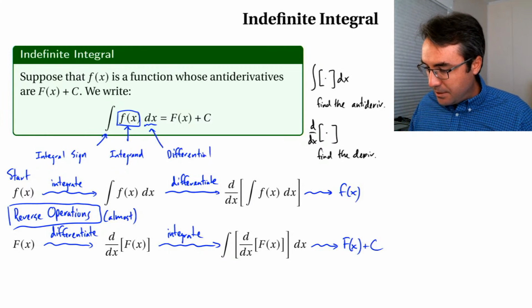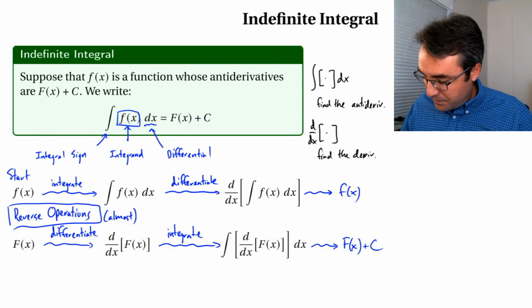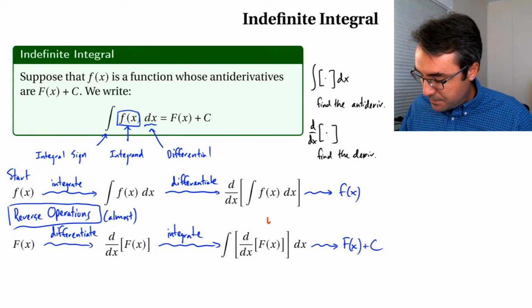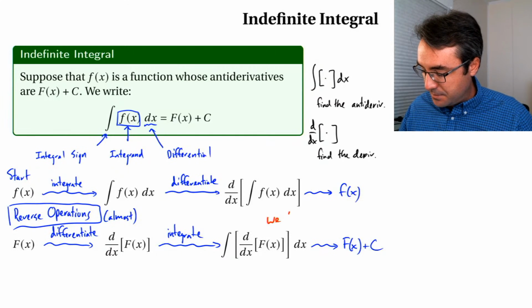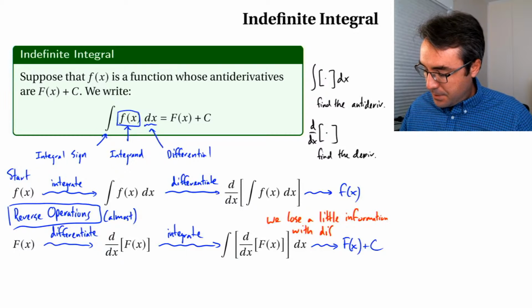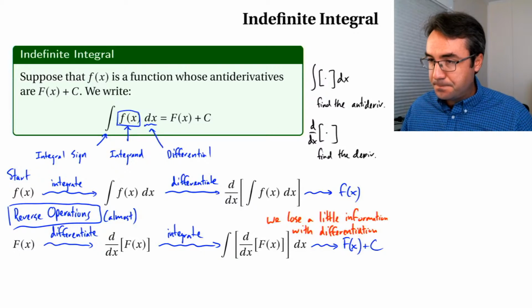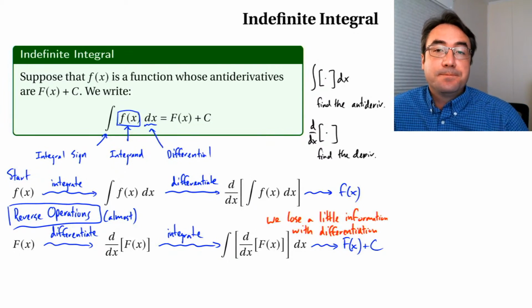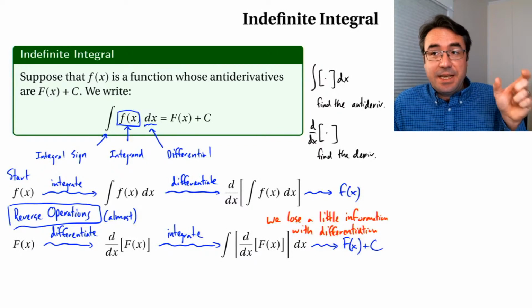And that's what we're seeing here with this plus c: we've lost a little bit of information by doing the derivative first. And that's okay. It's just what happens with differentiation. We lose a little bit of information. So that's why we have plus c instead of just the exact function.